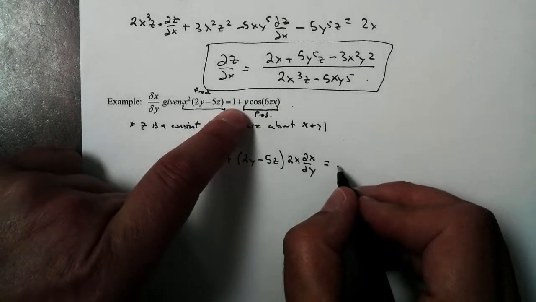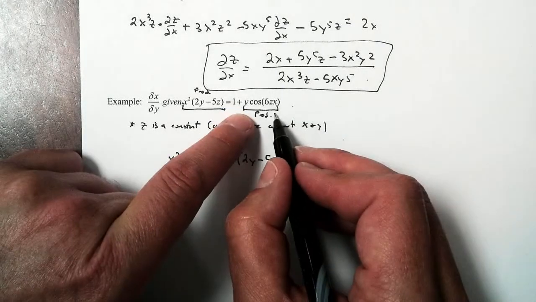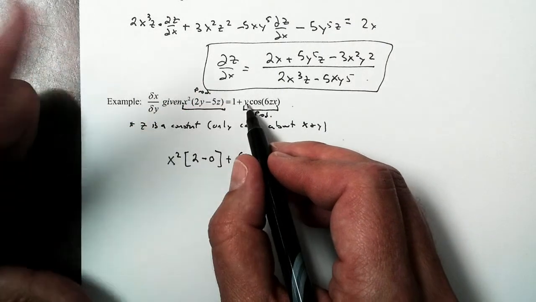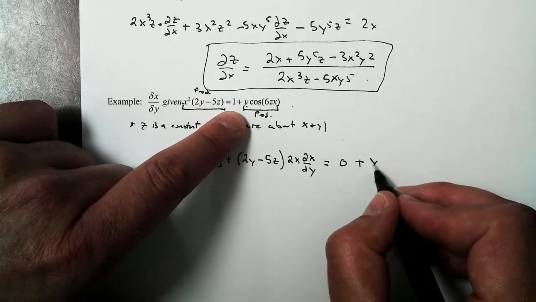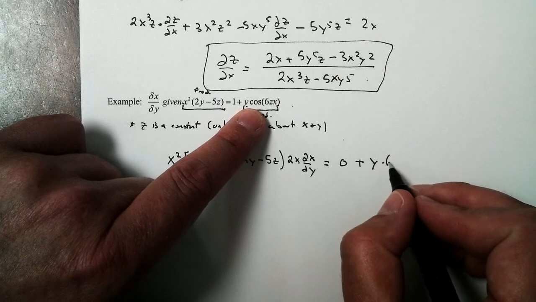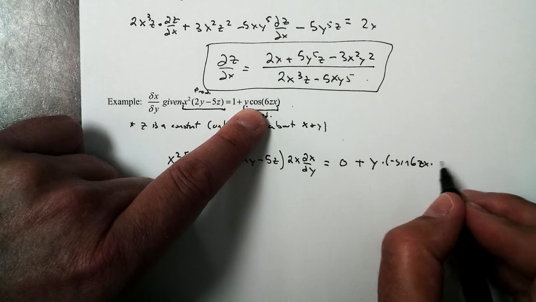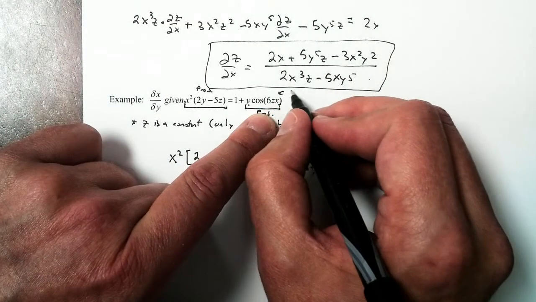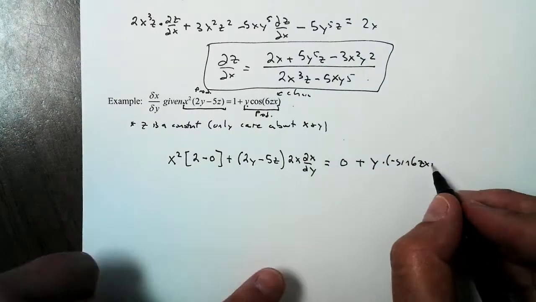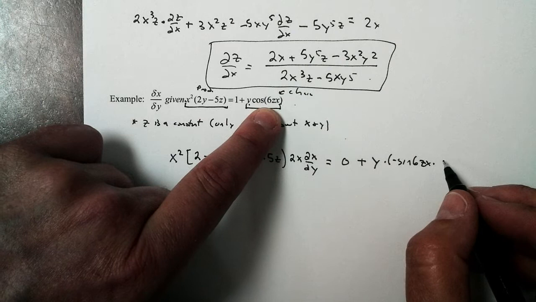Equal to, that's a constant, 0, plus, okay, this is a product rule because my two variables here are x and y, and I'm multiplying them, so it's going to be the first y times the derivative of cosine, which is negative sine 6zx, times, don't forget the derivative of the inside. There's a chain rule right here. z is my variable, my constant, sorry about that.